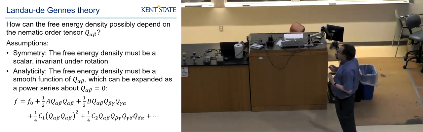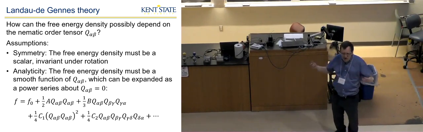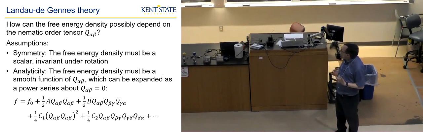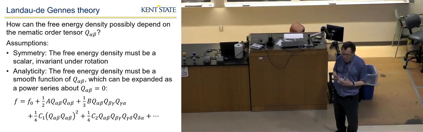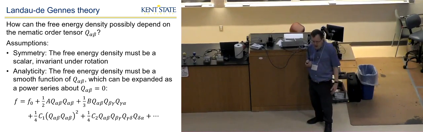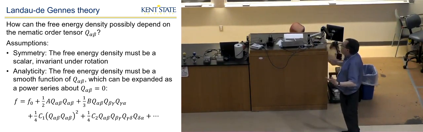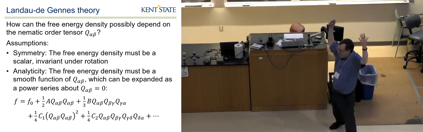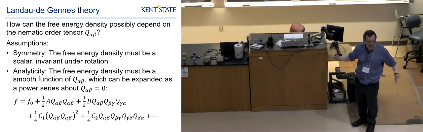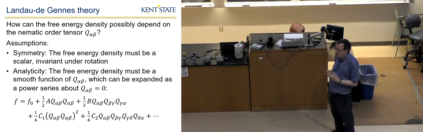We could say that we believe there's a tensor order parameter, this Q tensor, which has two components and which is a symmetric traceless tensor. And then we ask, how could the free energy density possibly depend on this tensor? Well, what can we assume? At first you might say it could depend in any possible way, but there are two big assumptions that you have to put into the theory.